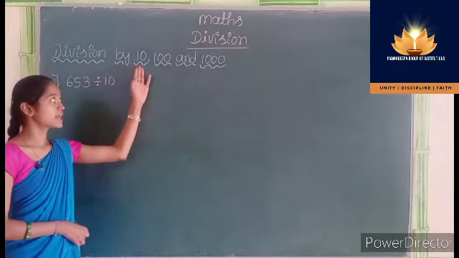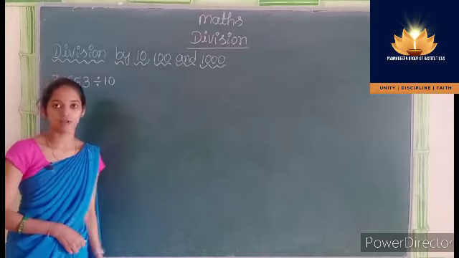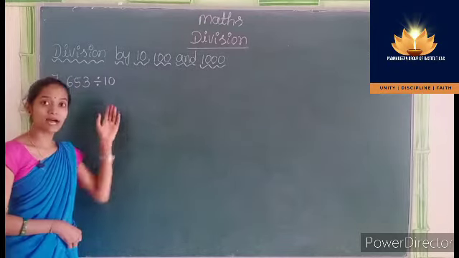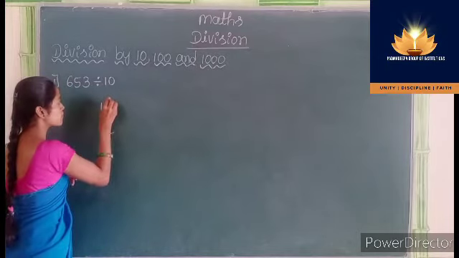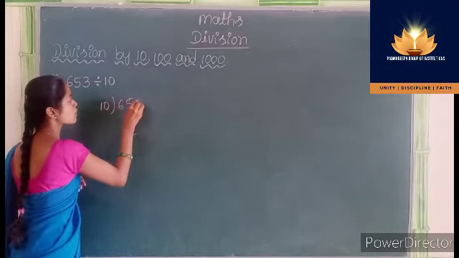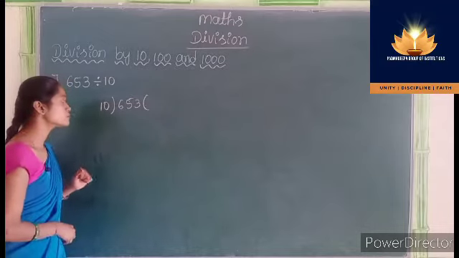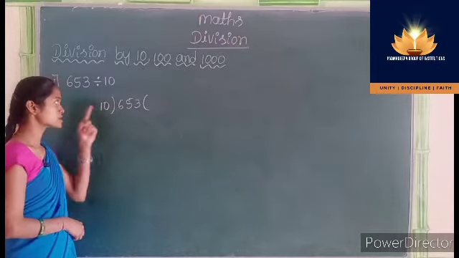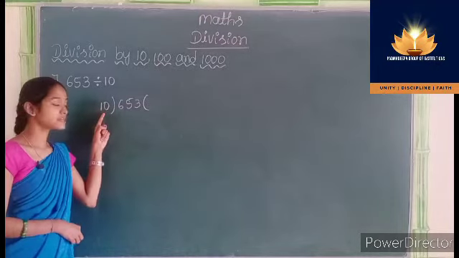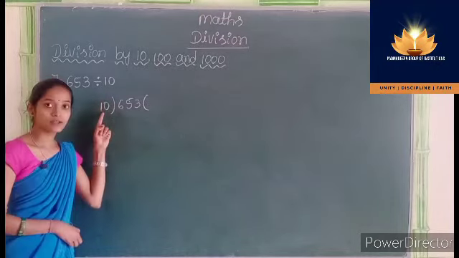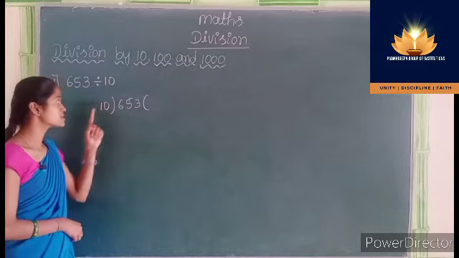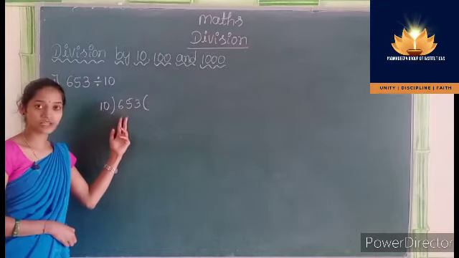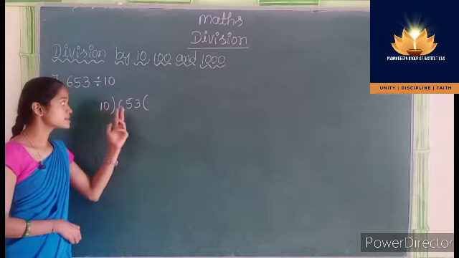Division by 10, 100 and 1000. Here we have to divide 653 by 10. Consider the leftmost digit, that is 6. Compare 6 to this divisor, that is 10. 6 is less than 10, so we cannot divide 6 by 10. That's why we have to consider two leftmost digits of the dividend, that is 65.